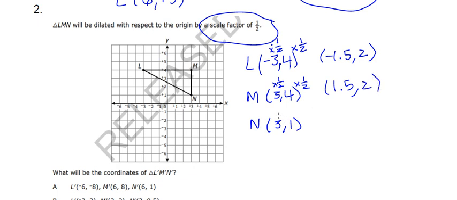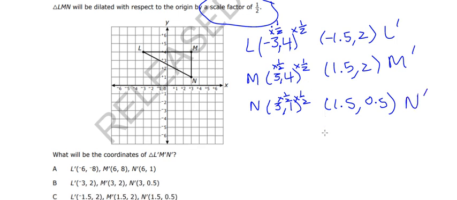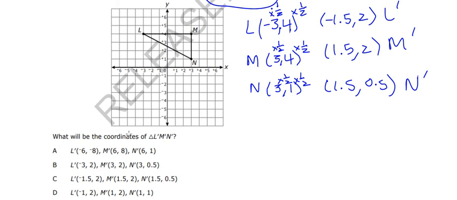Then N, so 3 times 1/2 is going to give me 1.5, and 1 times 1/2 gives me 0.5. So this is point L prime, M prime, and N prime. So at this point, I can go look at my answer choices. So L prime, that matches, M prime, that matches. So we're looking here for answer choice C.